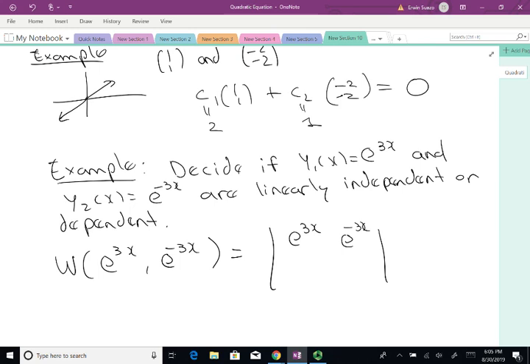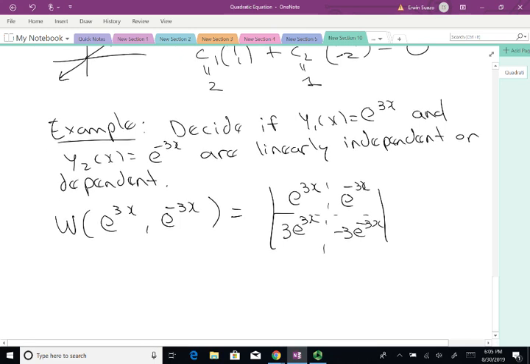So you probably come back, right? So I'm going to find the derivative of the first one. So it's 3 times e to the 3x. And then the derivative of the next one, minus 3 times e to the minus 3x. And now I'm going to find the determinant.